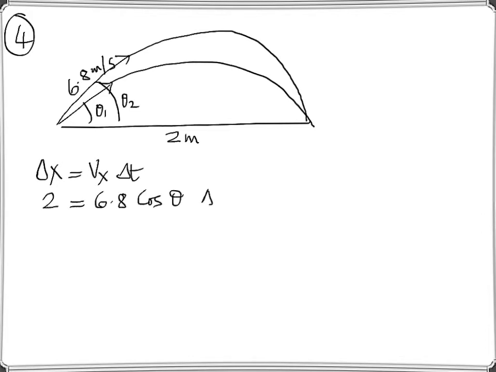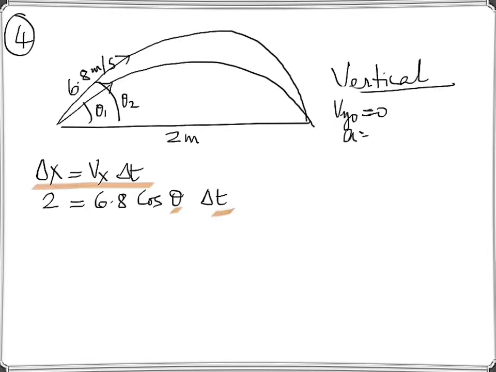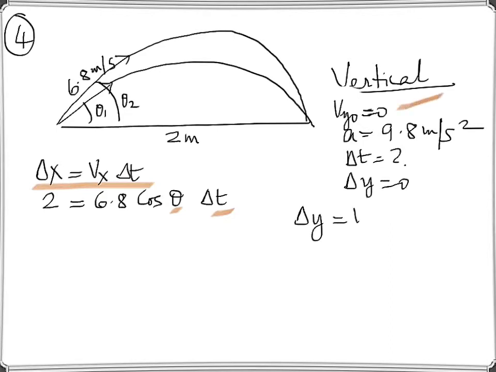And the horizontal component is 6.8 cos theta delta t. And looking at the vertical, the initial velocity is 6.8 sin theta. A is negative 9.8. Delta t is to be found, and delta y is 0 because it lands back on the same horizontal level.